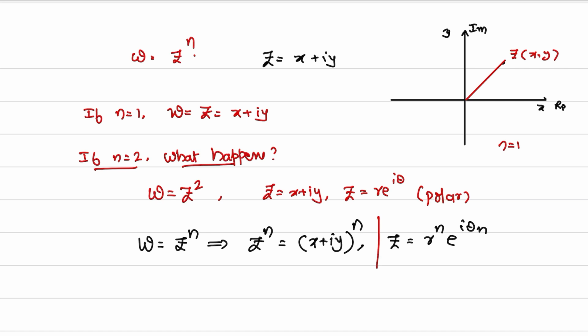This is in polar coordinates. That means for n greater than or equal to 2, the representation in polar form will be simpler, or rather we can say it will be convenient when compared with the Cartesian.